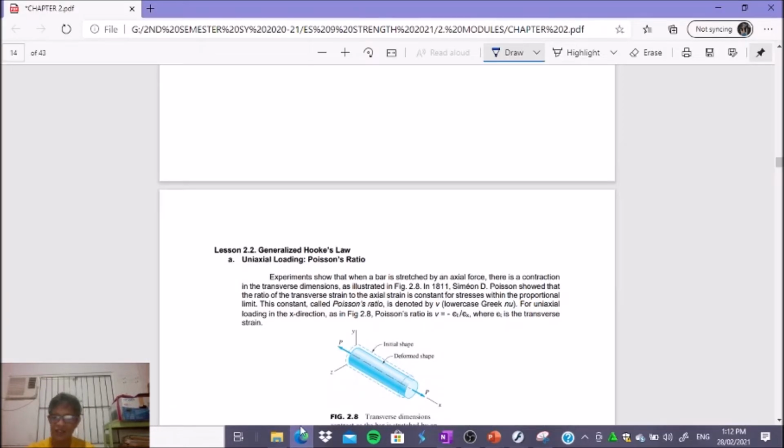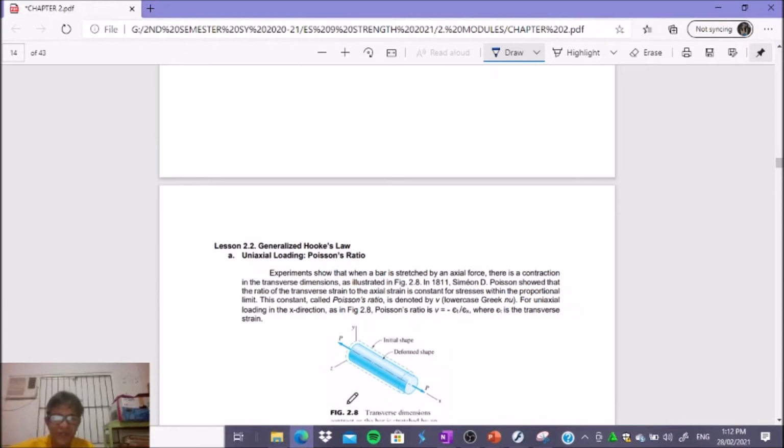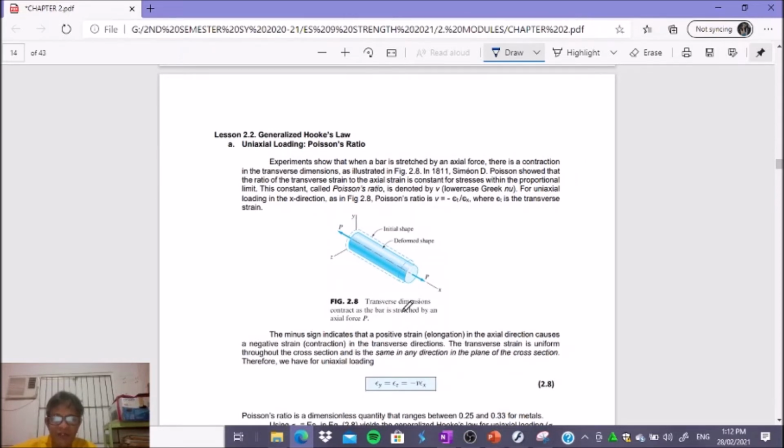But anyway, let us look at our discussion. So sabi dito, ganito yan. Kapag meron kang sample bar, yung axis ng load ang tinawag na X, then yung vertical dito ang Y, then we have Z here. So kapag siyempre yung material, so for example, ganyan yan. Okay, ito tayo.